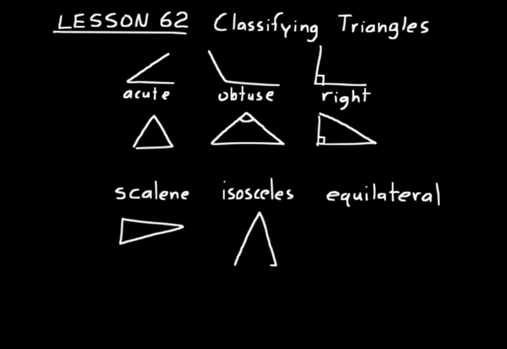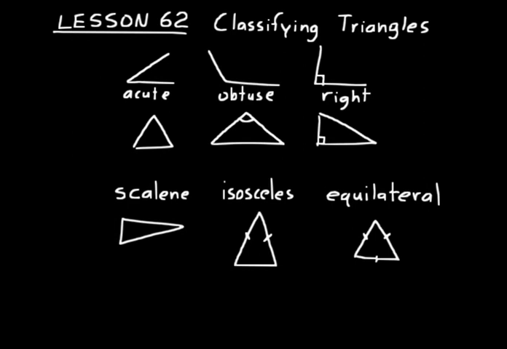They have two sides that are the same length, and we can designate those two sides using little tick marks, and that means that those two sides are the same. And then equilateral, equa means equal, lateral means side, equal sides. Equilateral triangles have all three sides the same length.